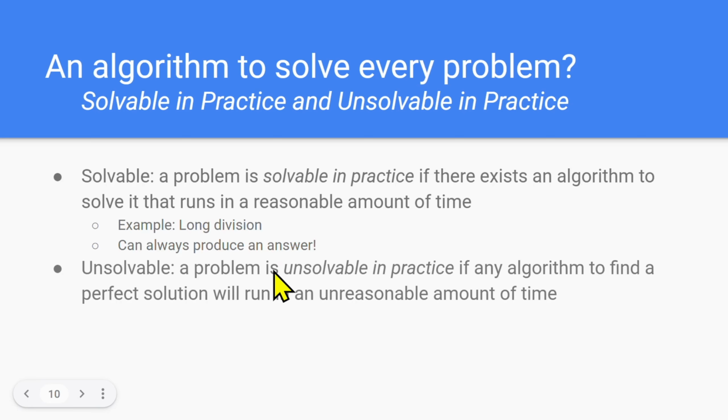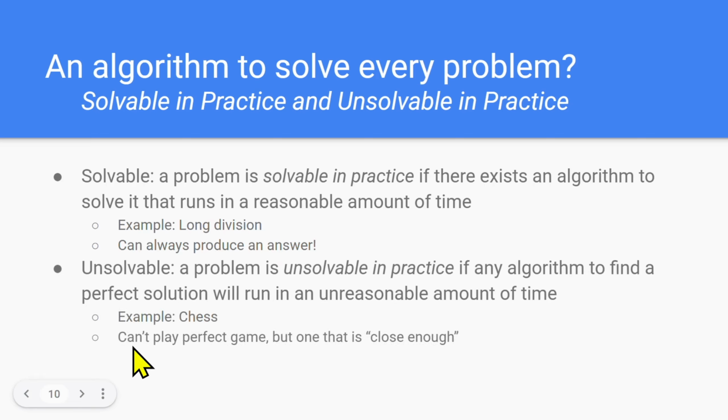An unsolvable problem is something that takes an unreasonable amount of time to solve using your algorithm. A good way of thinking about this is something that you can do pretty well, but you can't play perfectly. A good example of this is the game of chess. I know we have some chess players in our room right now.